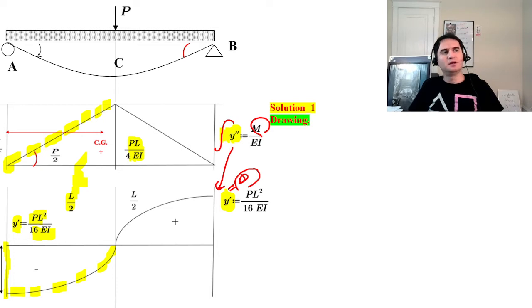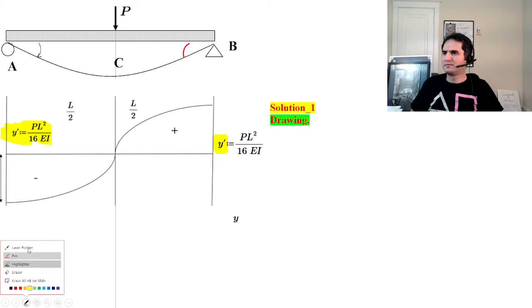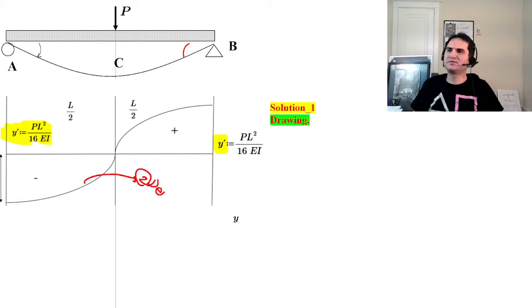If you want to calculate, the area under theta gives you the delta. So if we do know what our y prime or theta is, and this is second order, second degree, the delta goes by a third degree curve.